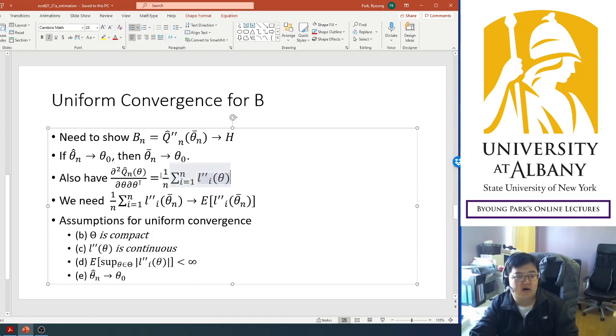Then the second derivative is a sample average of something, and what we need here is this sequence. So there is one sequence and another sample average.